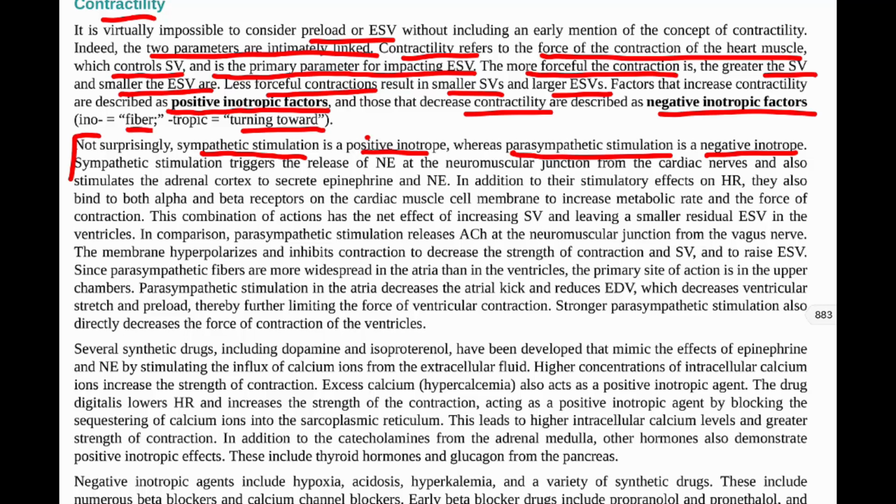Sympathetic stimulation triggers the release of norepinephrine at the neuromuscular junction from the cardiac nerves, and also stimulates the adrenal medulla to secrete epinephrine and norepinephrine. So we're talking about sympathetic, our positive inotrope, and we're talking about epinephrine and norepinephrine, our catecholamines.